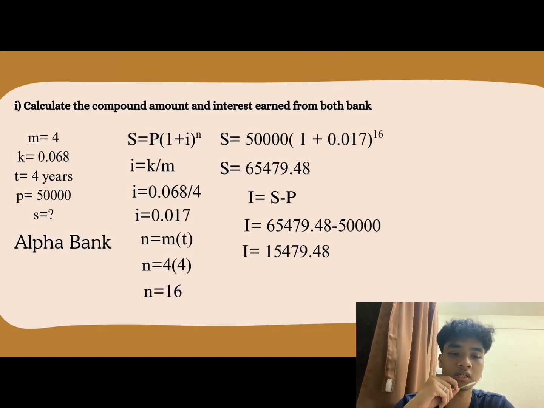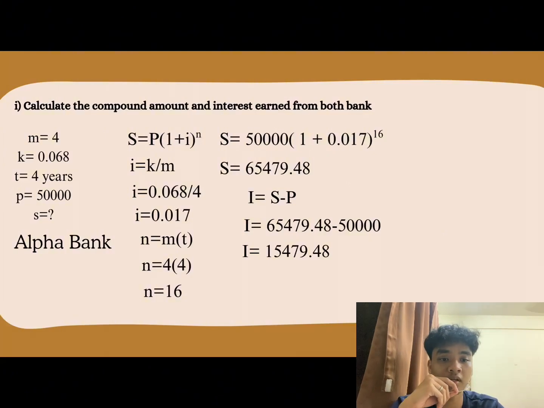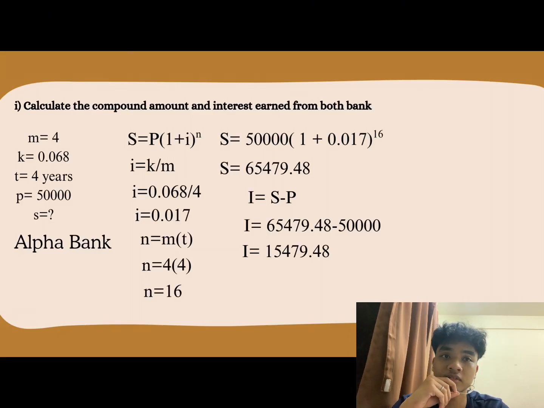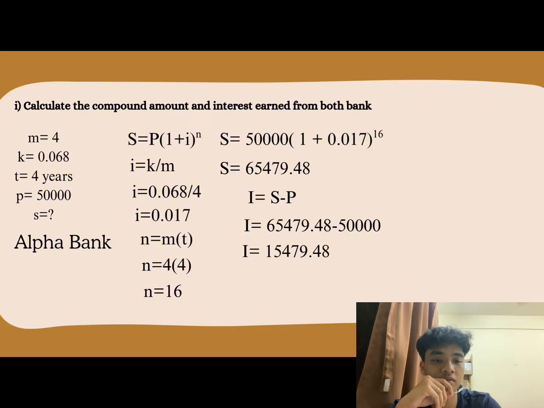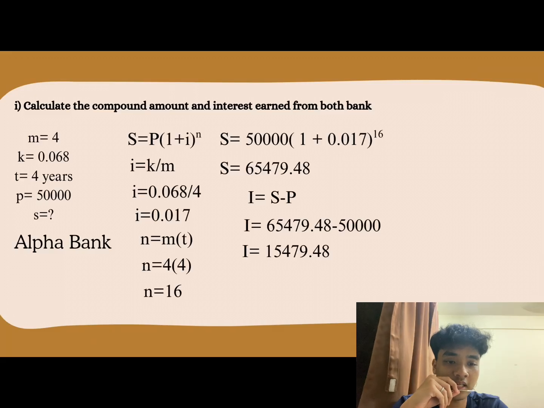For i, the formula is i equals k over m, and for n it is m multiplied by t. So we already know our k, m and t. So 0.068 over 4 we get 0.017, and for n, 4 multiplied by 4 we get 16. So key in the answer: P is 50,000, bracket 1 plus i 0.017, and power of n is 16, so we get 65,479.48.